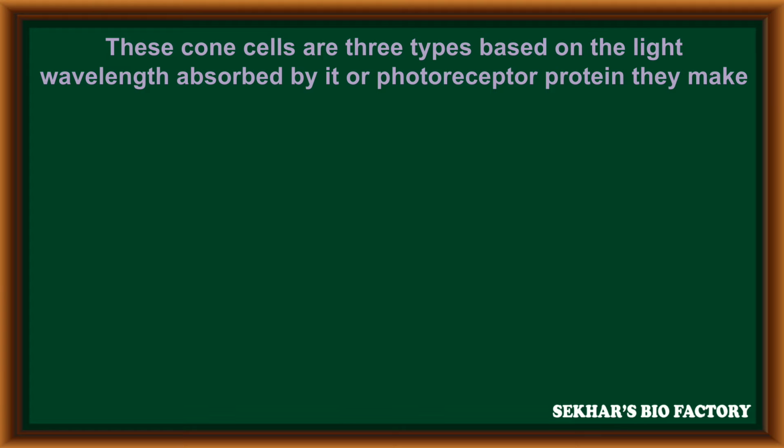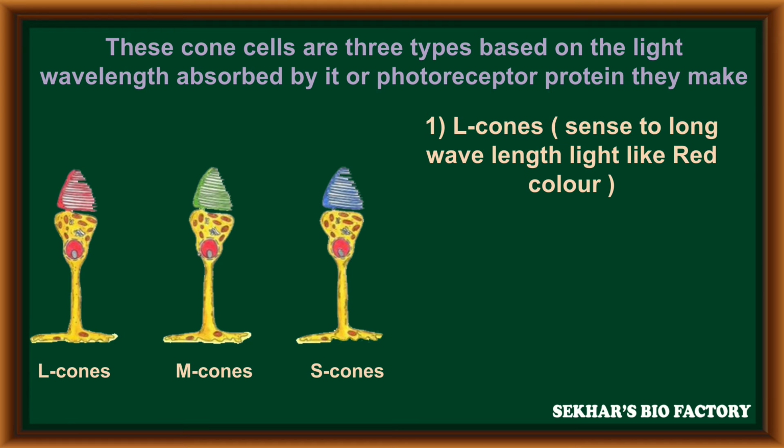These cone cells are basically of three types based on the light wavelength absorbed by them, or photoreceptor proteins they make. The first type of cells are L cones, which are sensitive to long wavelength light like red color.